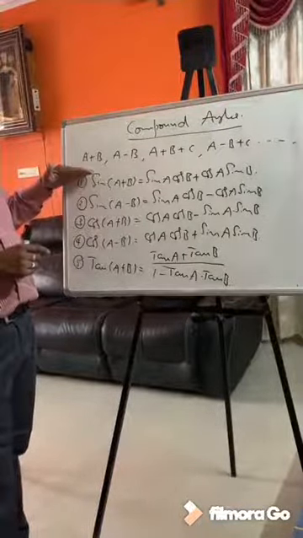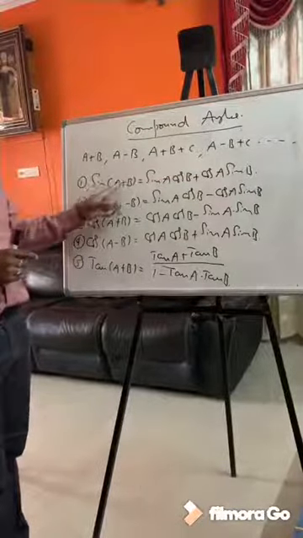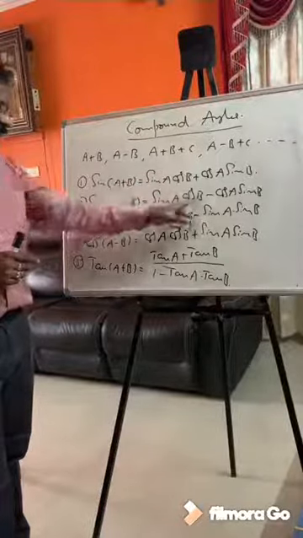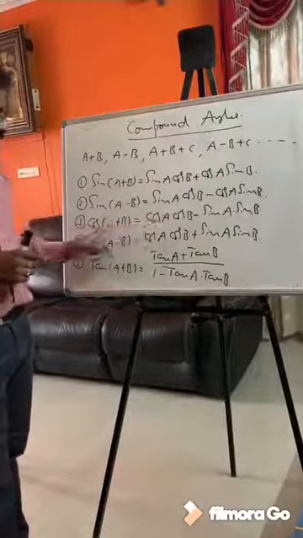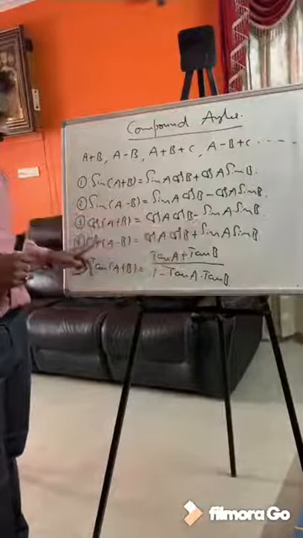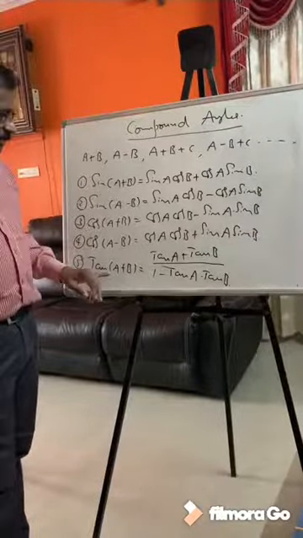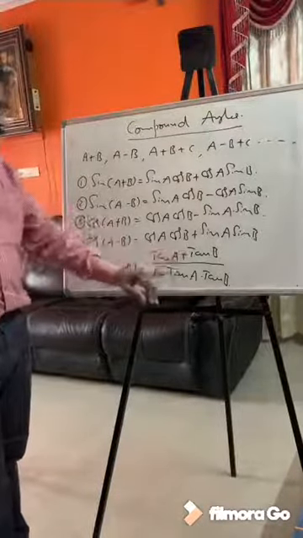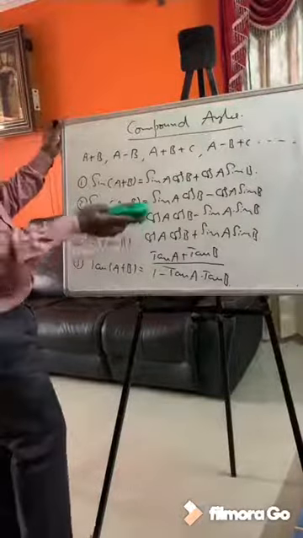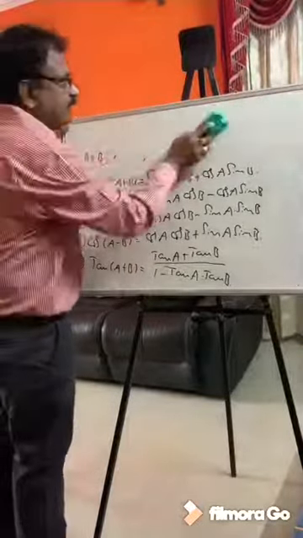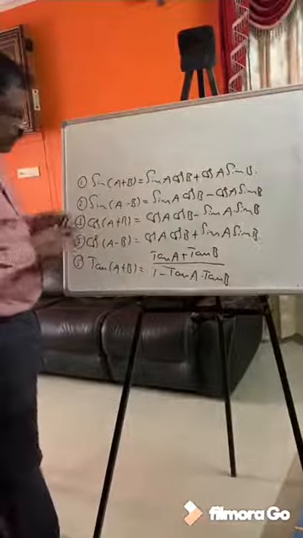Sin of A plus B is sin A cos B plus cos A sin B. In sin, when plus, plus; when minus, minus. Whereas in cos A plus B, cos A cos B, here minus; when it is minus, it is plus. You have to remember like that. Tan A plus B is tan A plus tan B by 1 minus tan A tan B. Clear, I think? Compound angle formulas, we are giving this for your future reference, but they are very important formulas.